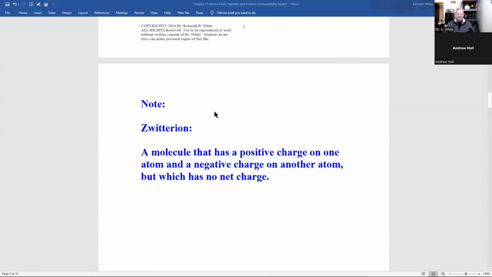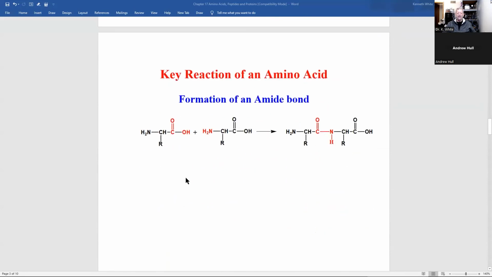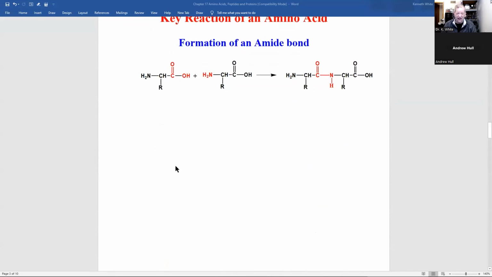That's an important thing. Again, switches off. All right, switches on. Amino acids can react with each other. And notice I went technicolor.